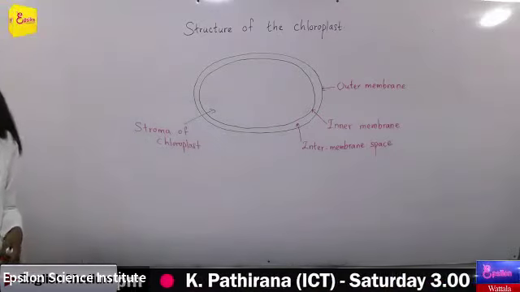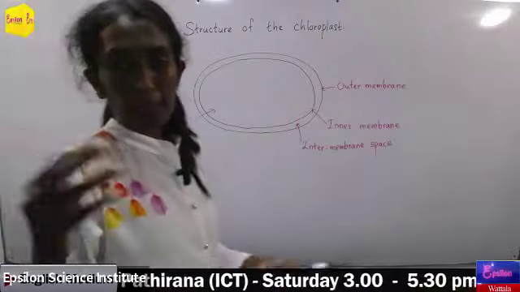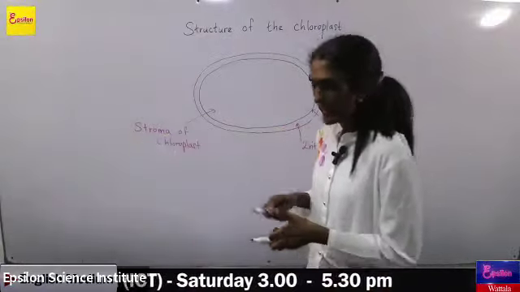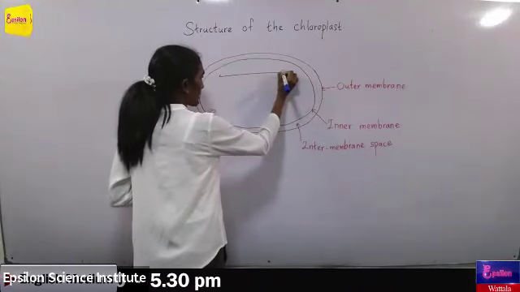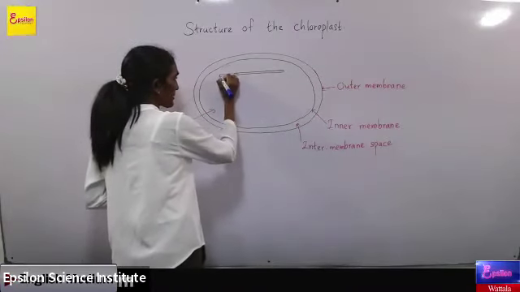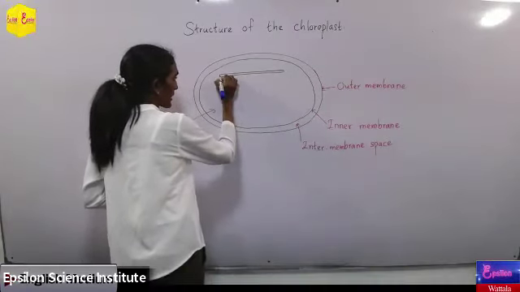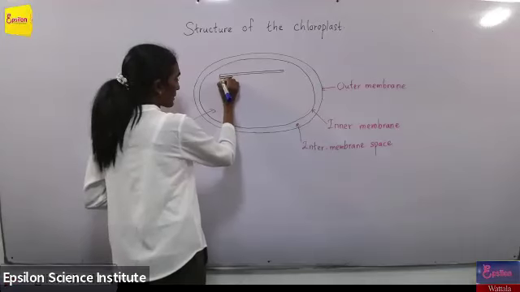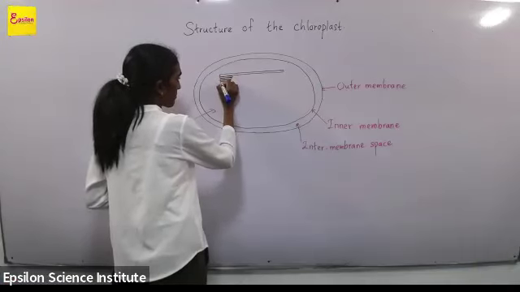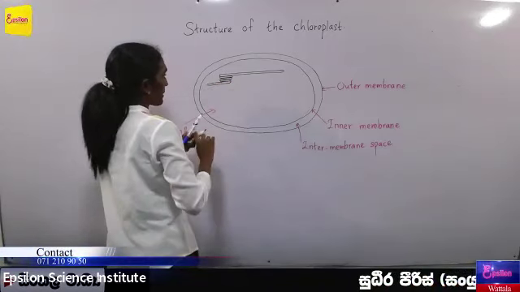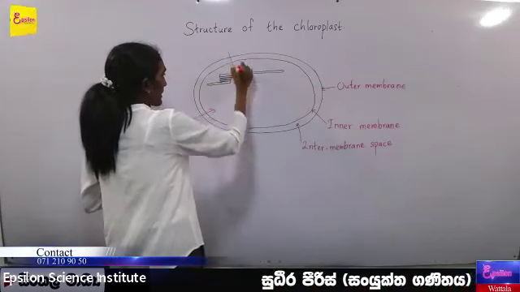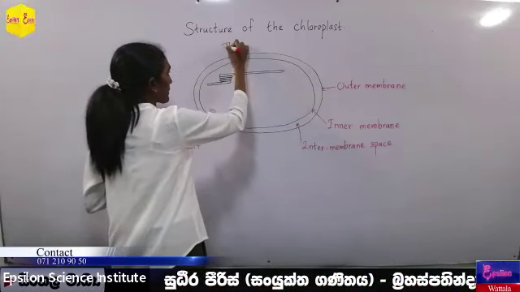Okay. So inside the stroma there is another membrane system, right? That membrane system we call thylakoid membrane. So here are the thylakoid membranes. They are stacked together. This one single structure we can say a thylakoid membrane.